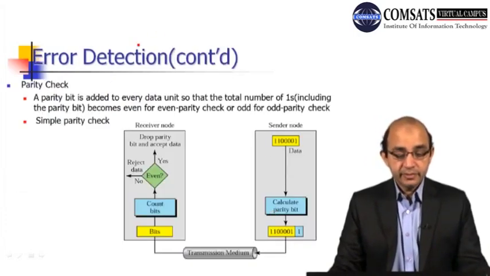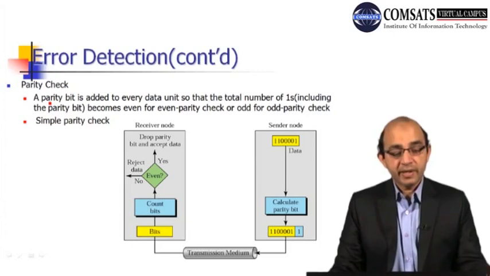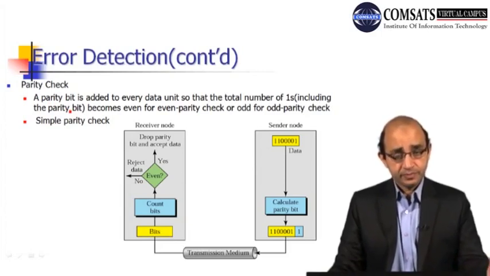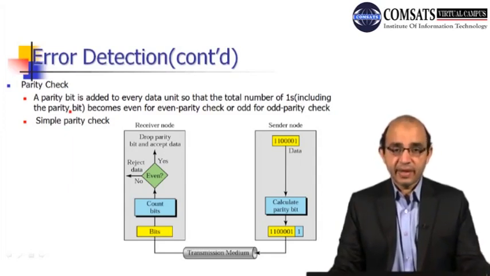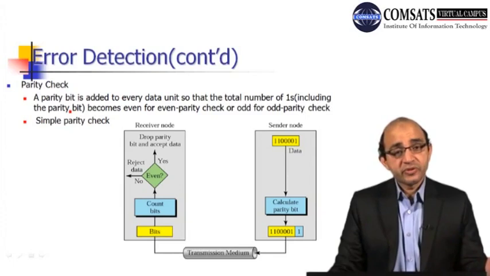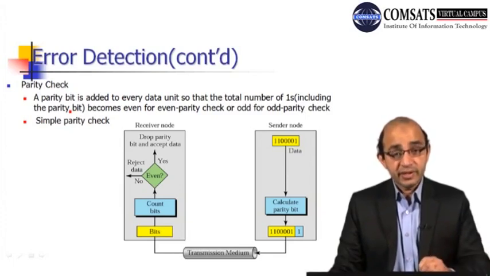So here let's talk about the parity check. For example, we have a certain number of bits, and we want to ensure that the error is detected in case there is some error when we transfer data from one point to another point, or from transmitter to the receiver.